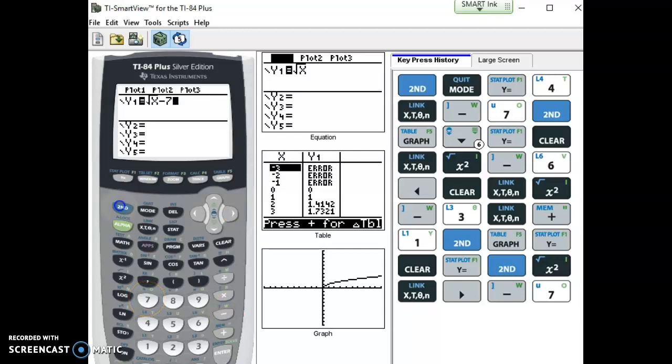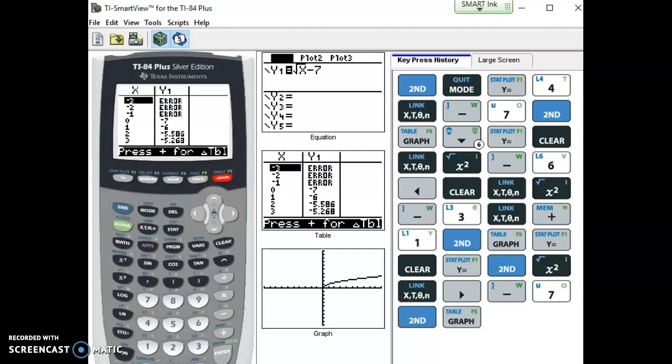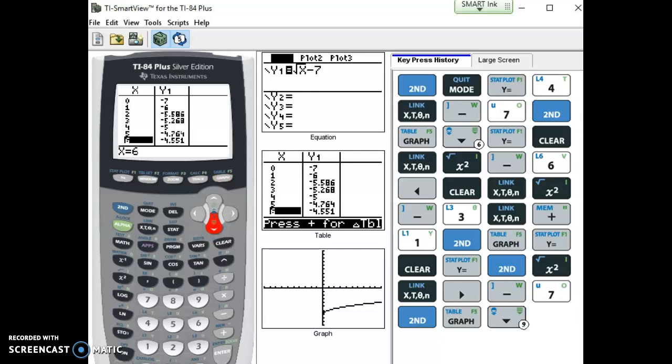And then go second, graph, and we want to find the table value of 4. So it's not on my screen, so I'm going to scroll on down, and there it is. It is an integer. That's awesome. It is 4, negative 5. And look at that R. Yeah, there it is. That long, extended square root function.